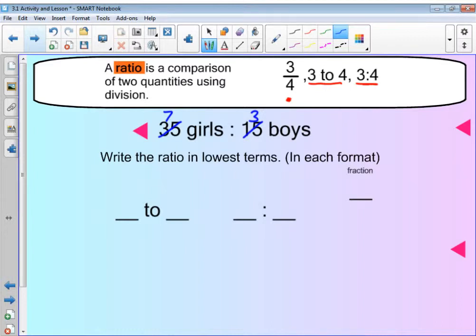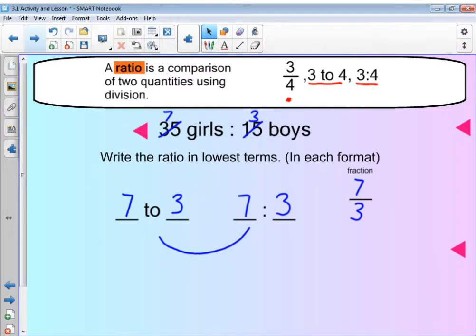When I write this out, it's either written as 7 to 3, 7 colon 3, or 7 over 3. Usually the first two are the most common ones used when comparing two numbers. A fraction can be used, but it's not used as often.